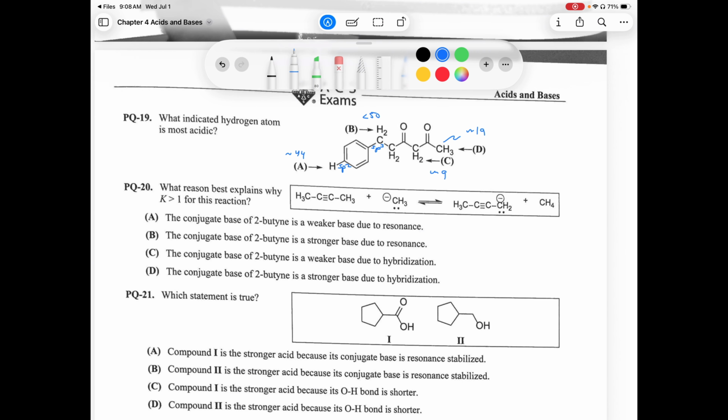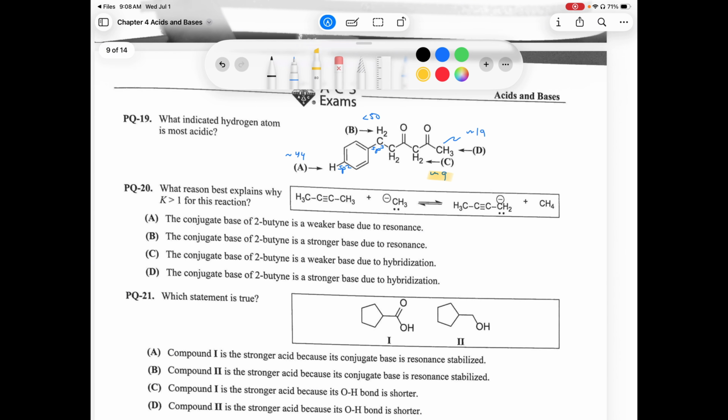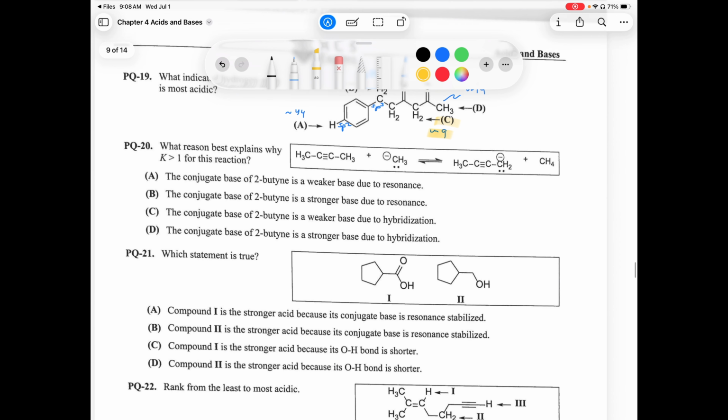So just like that, by memorizing some pKa values, you're done. C is the answer. You just move on with your life, okay? Now, you could probably try to solve this using ARIO as well. But again, I strongly recommend that you memorize pKa's in organic chemistry. I'd say it's imperative.